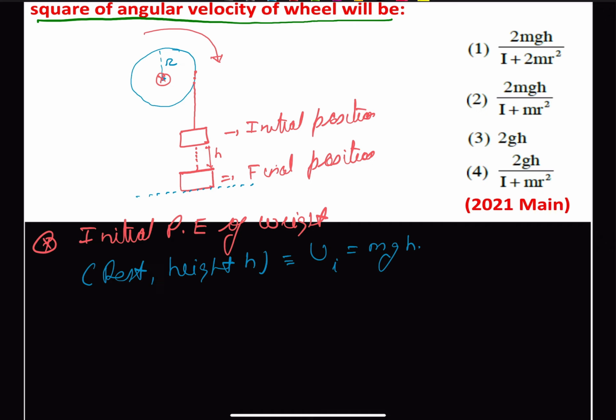The final potential energy in the final position will be equal to 0, but there will be translational kinetic energy associated with the weight, as well as rotational kinetic energy associated with the wheel.